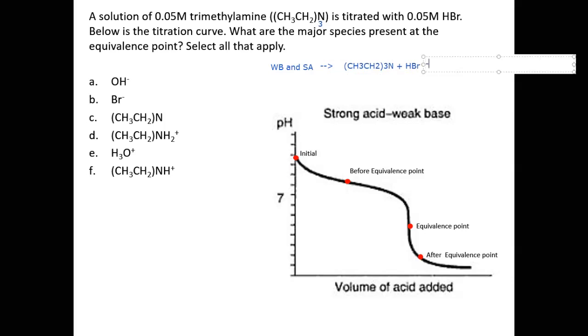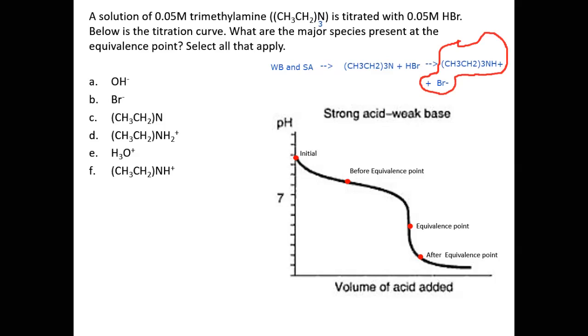And so we produce (CH3)3NH plus Br minus. And so at the equivalence point, you're only going to have these 2 species present: the anion of the strong acid and the protonated weak base, so the conjugate acid of the weak base.